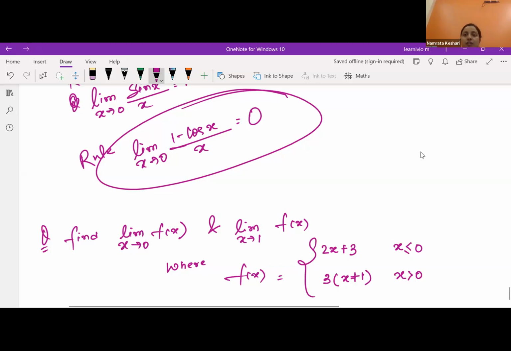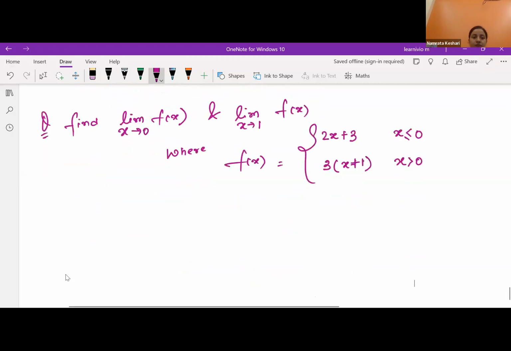Can you see the question on the screen? Yes. Let's continue. This is the question. What we have to find? Limit x tends to 0 f of x. Here the limit will change.